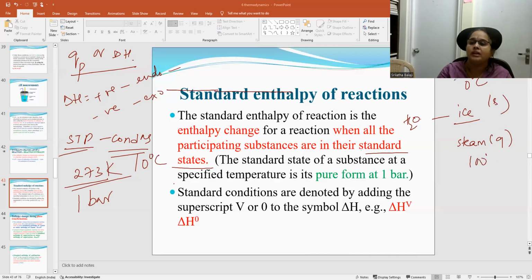Greater than 100 degrees. On average, I can say that at room temperature, water is liquid. So how does carbon dioxide exist at room temperature? Solid, liquid, or gas?